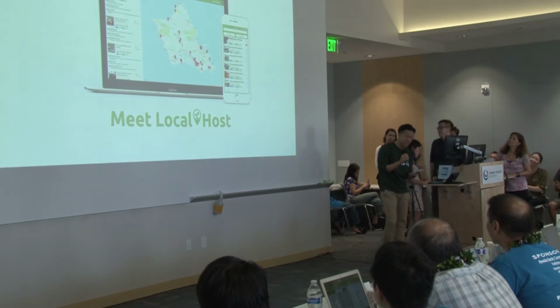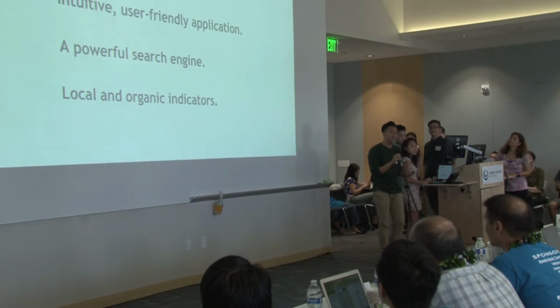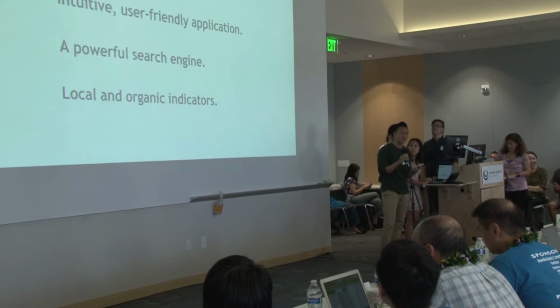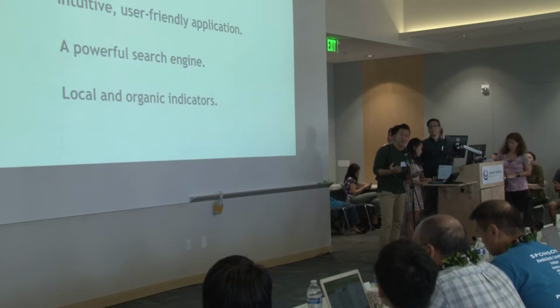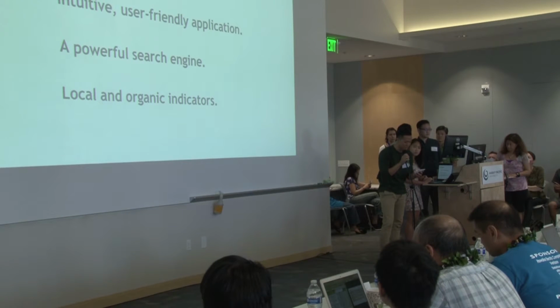So with Mike, he was able to discover a new market where he can buy locally grown produce. That was a short demo, but it demonstrates how we have an intuitive, user-friendly application that allows organizers to control the content that they want to share, and also empowers the public to search on up-to-date, relevant information using our powerful search engine.